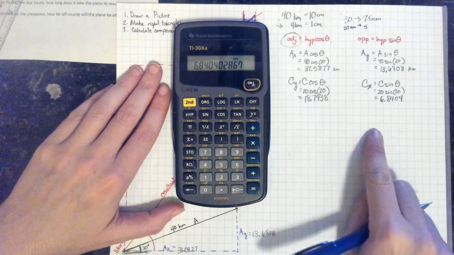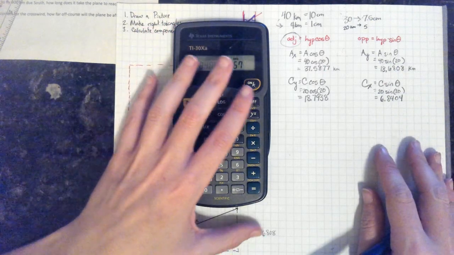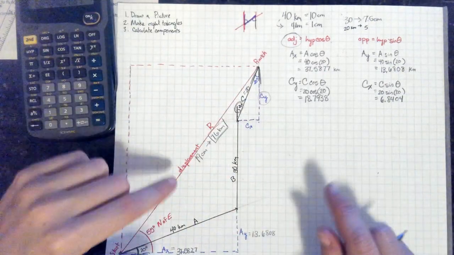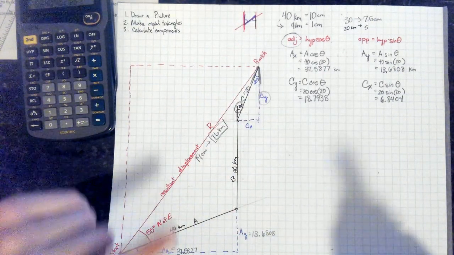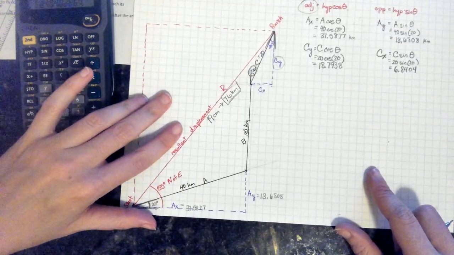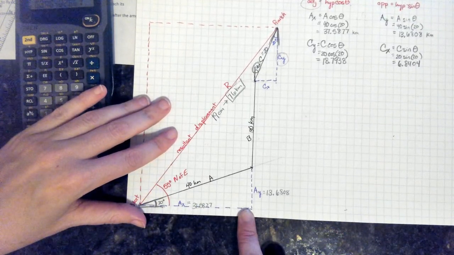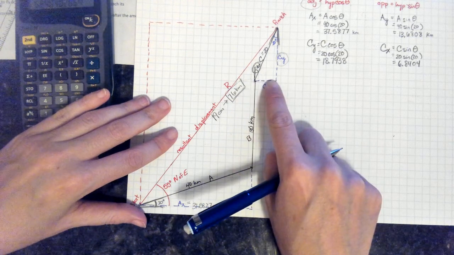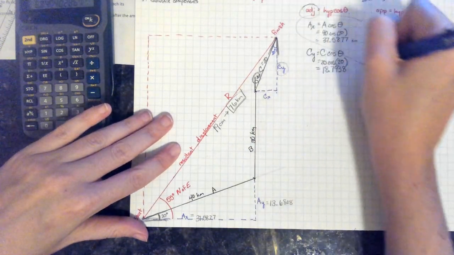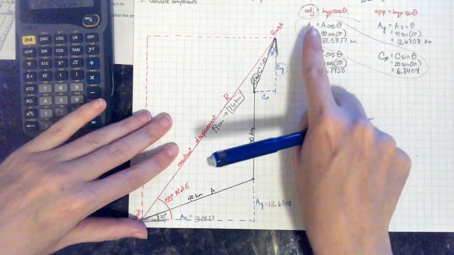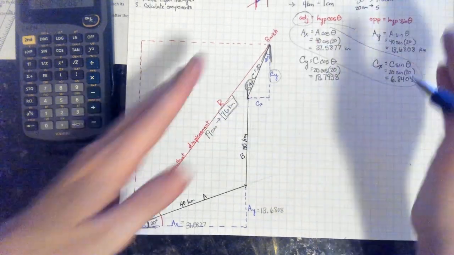Now that we've got all these components calculated, we do have to be careful when adding up the components. So this component plus this component. We do have to add all the x's together, even though I wrote them on different sides of my paper.